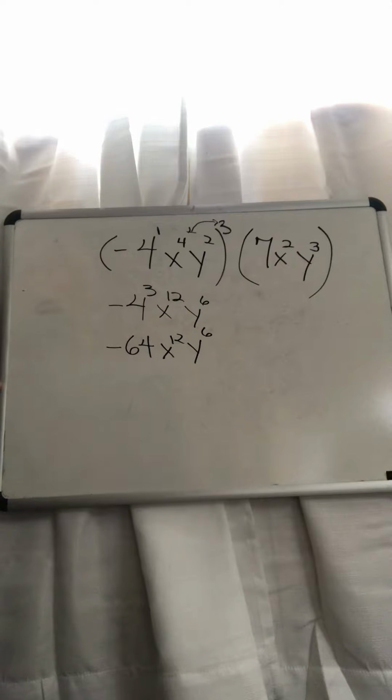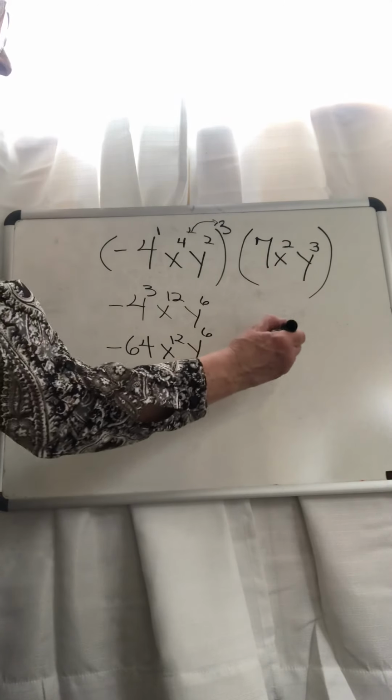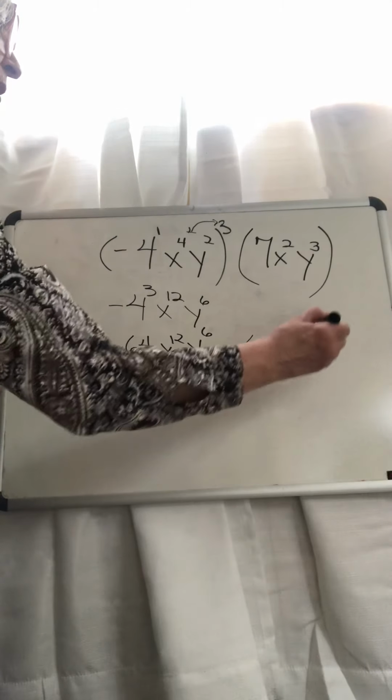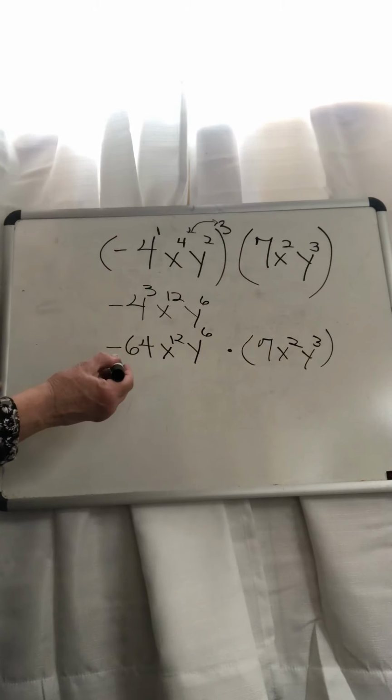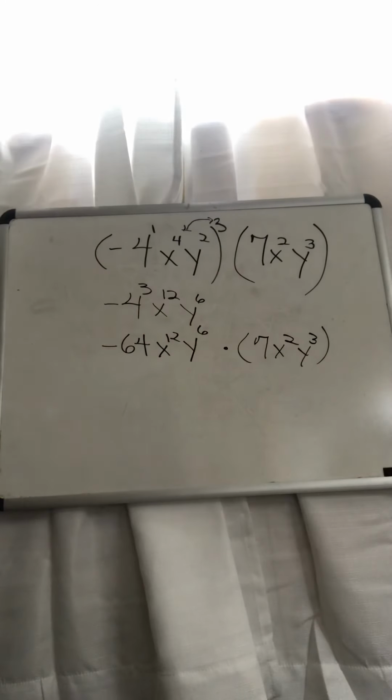Now, remember we didn't have an exponent outside the parentheses, so now we're going to be multiplying this term times the negative 64 x to the 12th y to the 6th. Excuse me. I'm going to need my calculator for this one.